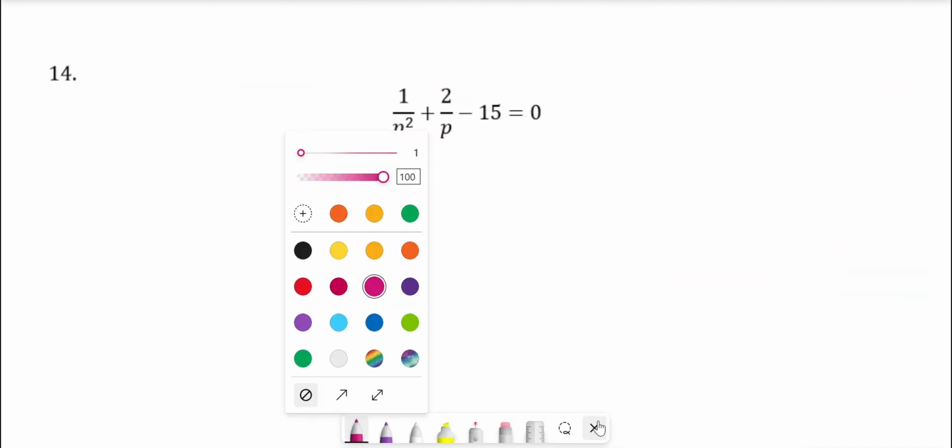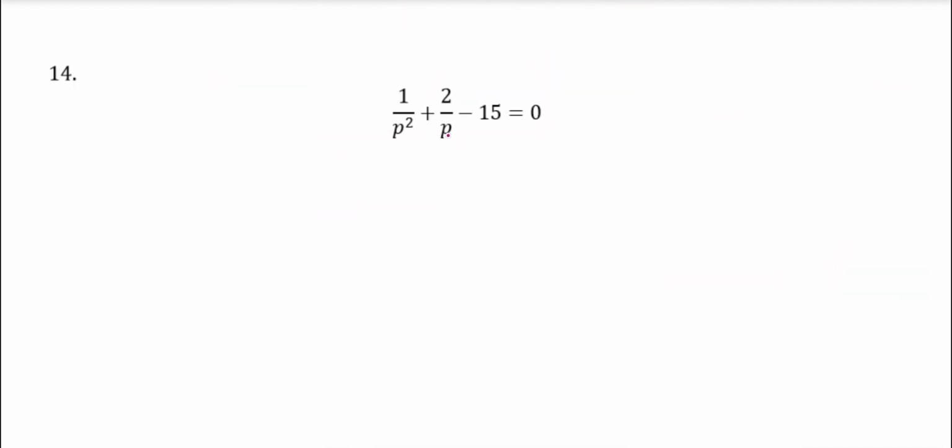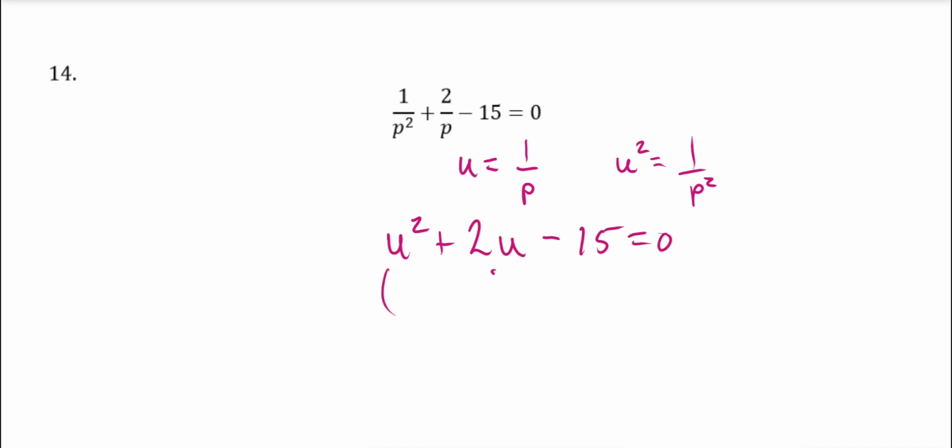Okay, last one. So let's take a look at this. We have something in the middle, and then something squared as the leading term, and then this term is just a constant. This gives us an indication of what we should perhaps let our u be. Let's let it be 1 over p. In this case, I have u squared, because u squared would be 1 over p squared out front, plus 2 times u minus 15 is equal to 0. Factoring this polynomial, we wind up with u plus 5 and u minus 3, which have a difference of 2 and a product of negative 15, respectively.